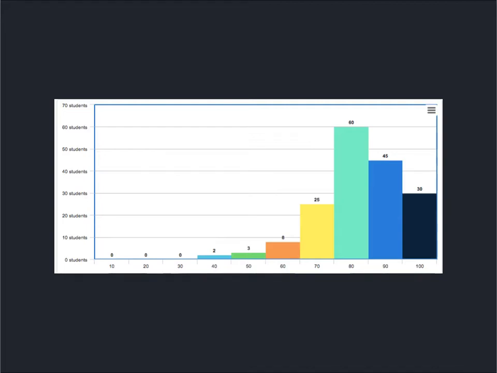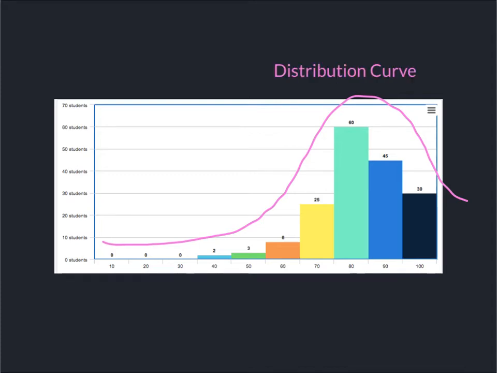So in statistics, it's lovely to see this histogram here, but we really care more about the general shape of the data. We really spend more time looking at, for example, the kind of curve shape that this data takes. So that line that I just drew there is what's called the distribution curve.